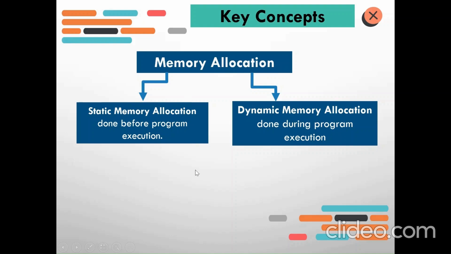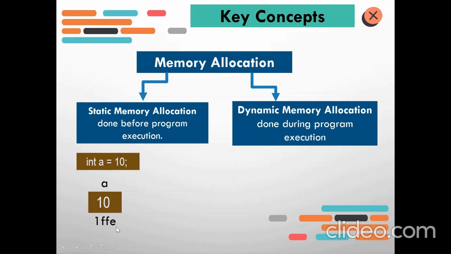So static memory allocation is done before the program execution, while the dynamic memory allocation is done during the program execution. So if I say I declared a variable called a with a value of 10, it would be declared like this. You have the name of this cell as a, 10 would be stored there, and this is a hypothetical address I am assigning.